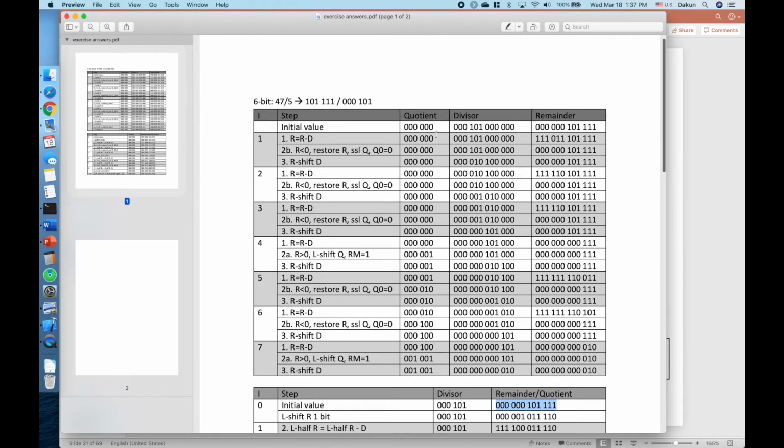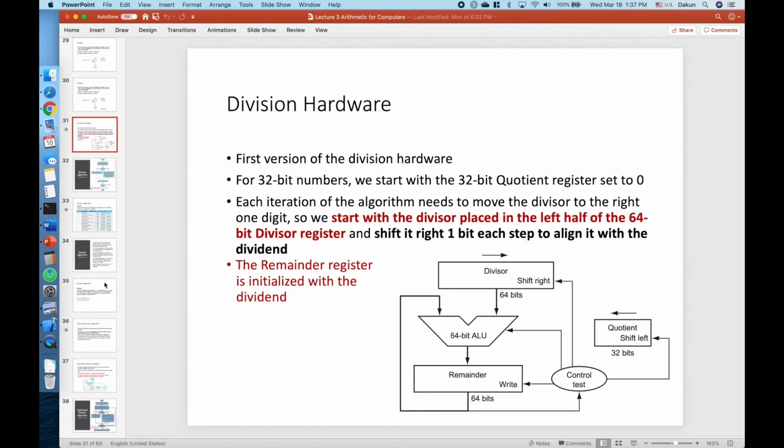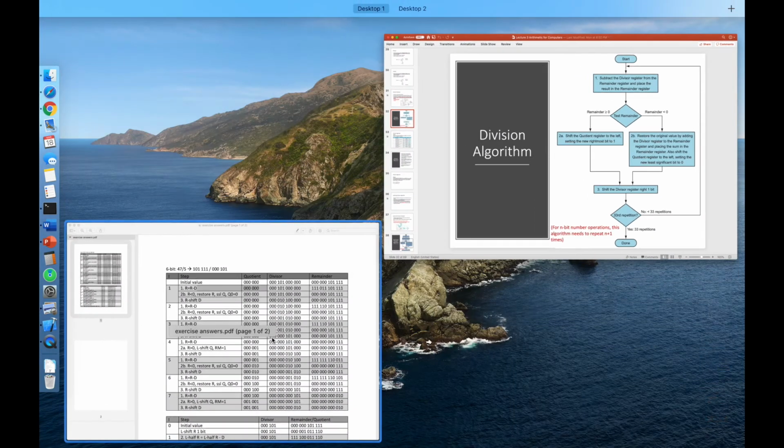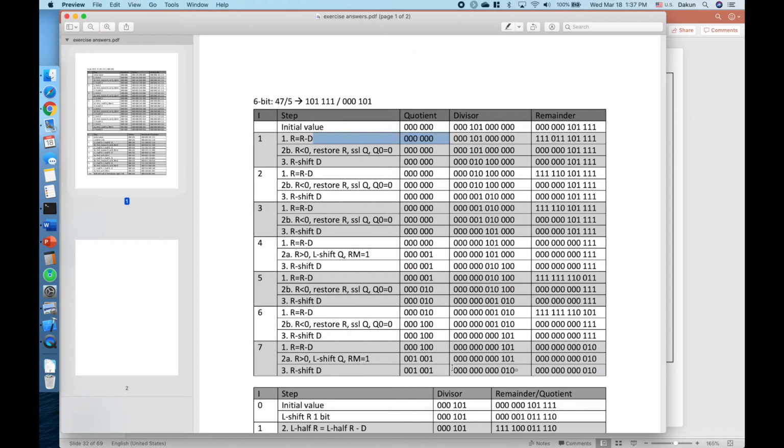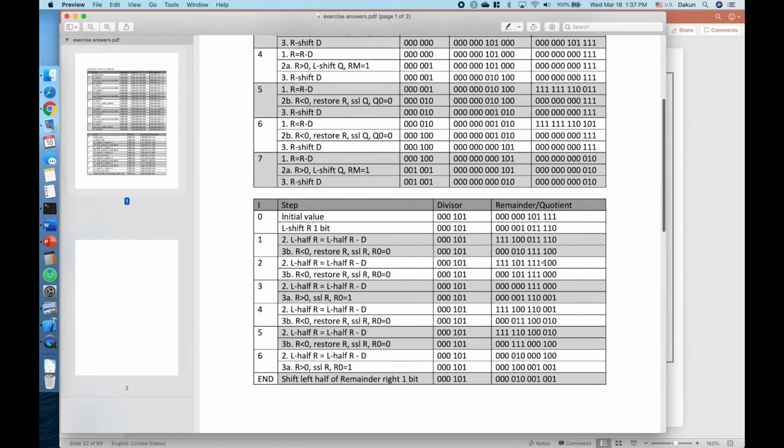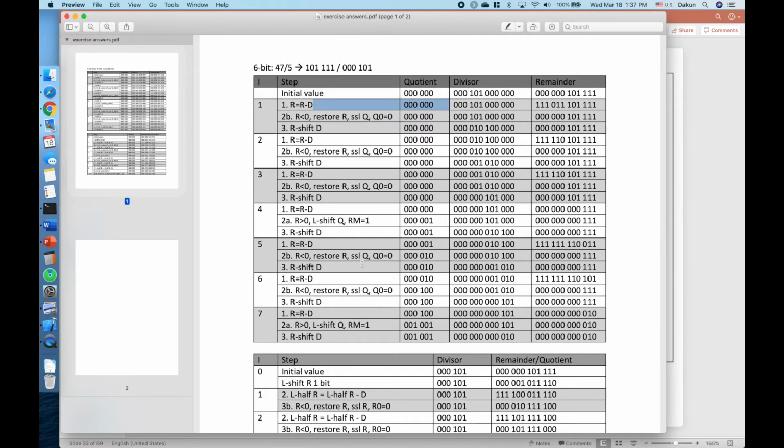After you figure out the bits of each register, you can first initialize the values, then follow the algorithm and get the final result. Basically the final result here should be the same. For the original division method, we get a quotient of 1001 and a remainder of 10.